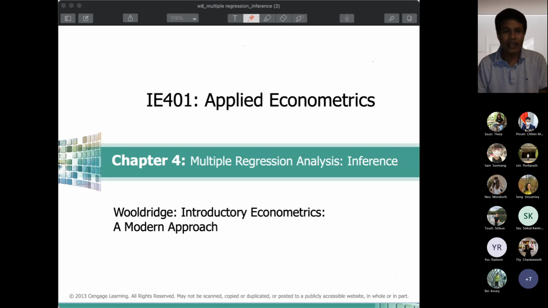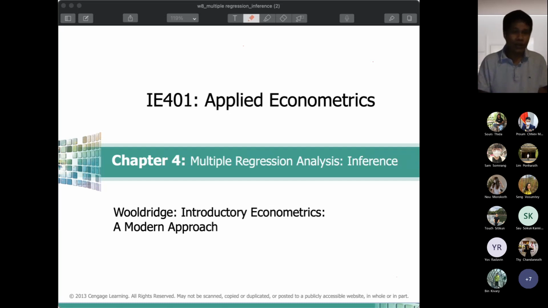If you incorporate more independent variables into your model, it is more likely that the zero conditional mean assumption is met.